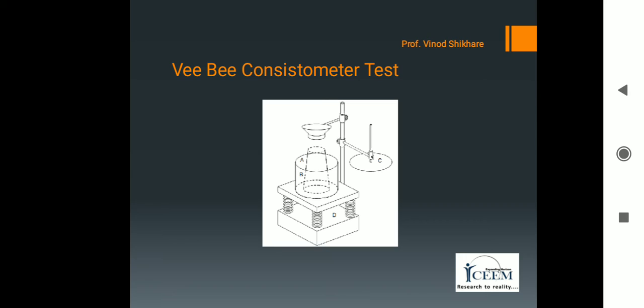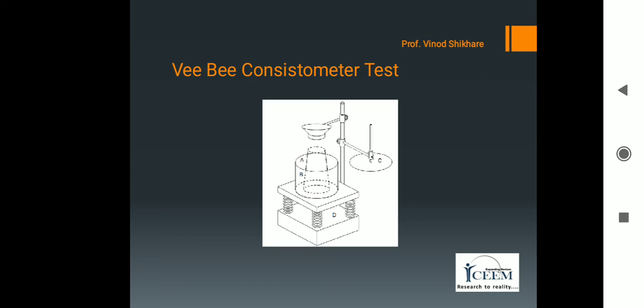This test is very accurate for measuring workability of concrete. This test is not suitable for highly workable mixes, generally if slump is greater than 75 mm or so, because for such mixes the remolding is so quick that time cannot be measured.